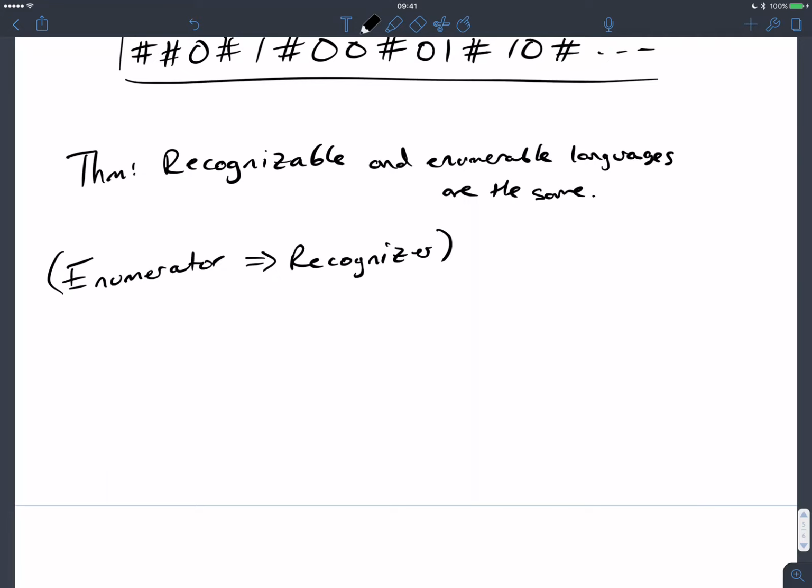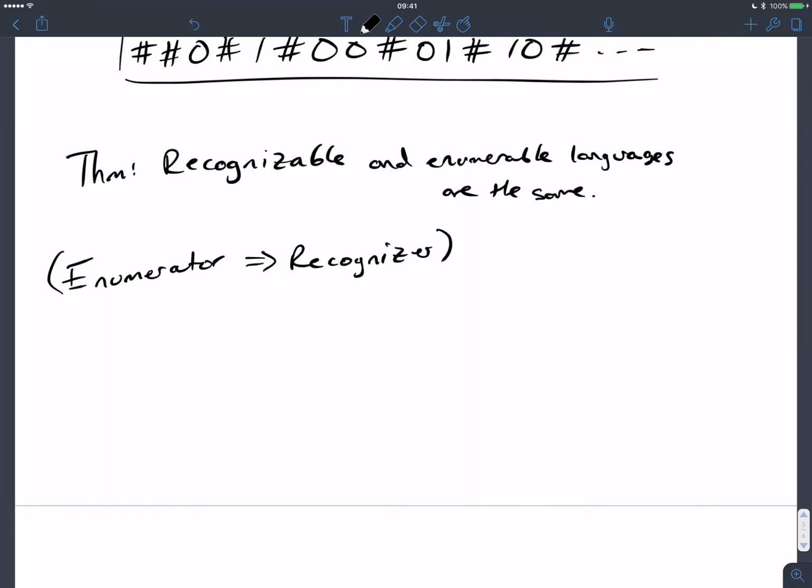So I have this thing that if you ask it, will print out another string nicely. And now what I want to do is build a machine using this enumerator to be able to recognize the same language. Okay? So here, an enumerator has no input that's given, and it just spews out strings, whereas a recognizer is given a string, and we need to say accept or reject based on what it does.